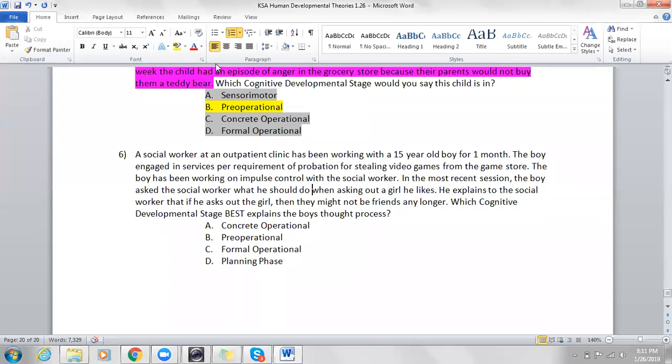And with that, type one goal besides passing the test that you have for 2019 when you have your answer.